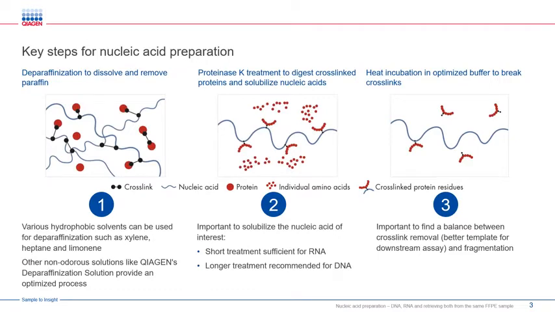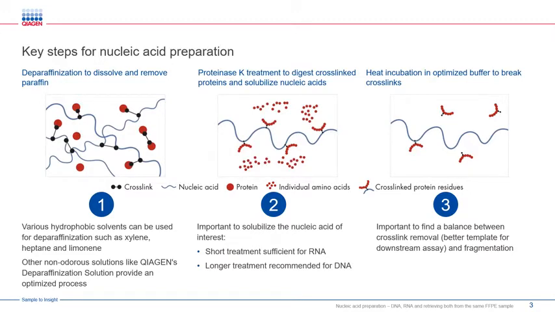For successful isolation of nucleic acids from FFPE samples, there are three essential steps that need to be included. The first one is deparaffinization to make the tissue accessible for further treatment with various aqueous solutions, enzymes, and such.